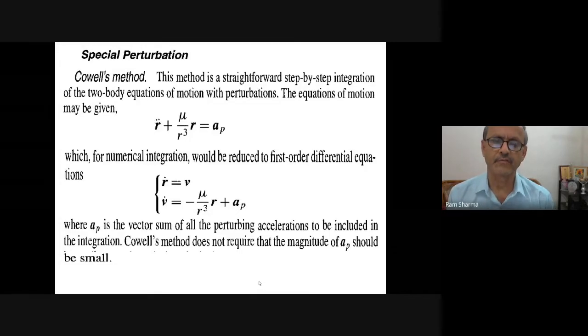You write the equations. You can see that if you put AP equal to 0, you have the two-body problem, non-linear equation, and all the forces you can write in AP, and then you can write this in terms of first-order equations. You write R dot is equal to V, and then substitute there. So you will get R double dot will become V dot.